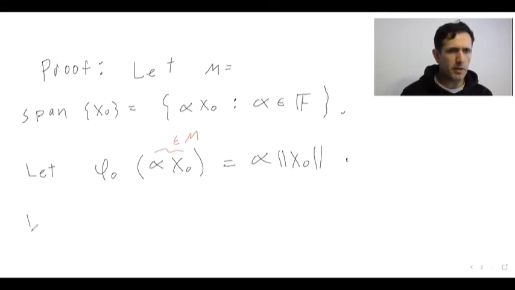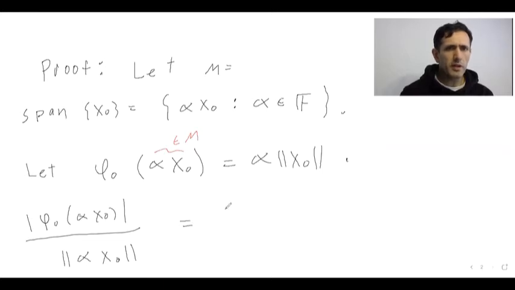So this is going to be pretty obviously norm 1. And you can just see this very easily. Again, everything in M is given by alpha x0. So let's look at this here. Assume alpha is not 0.